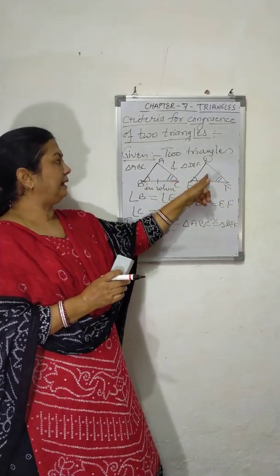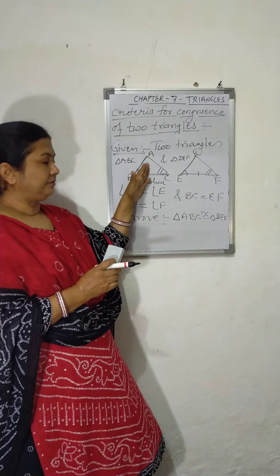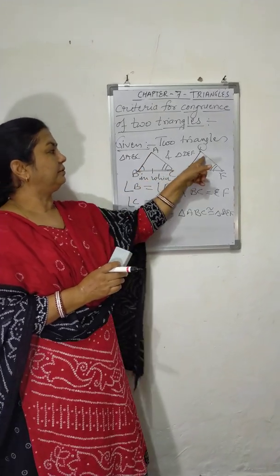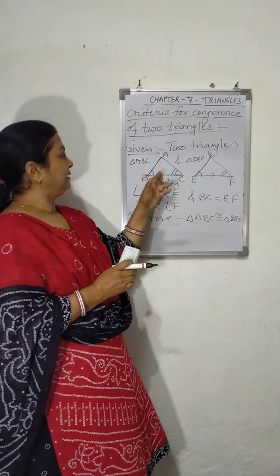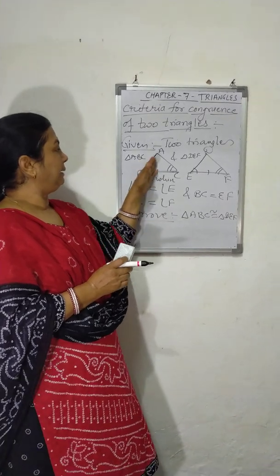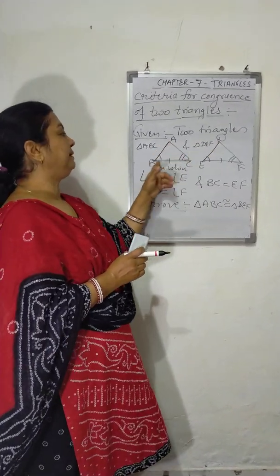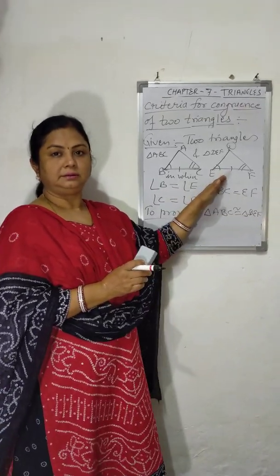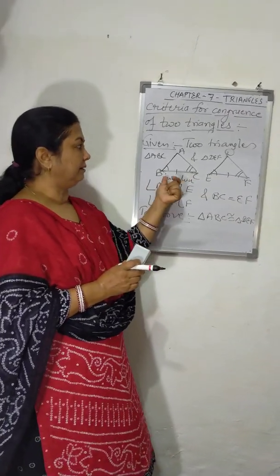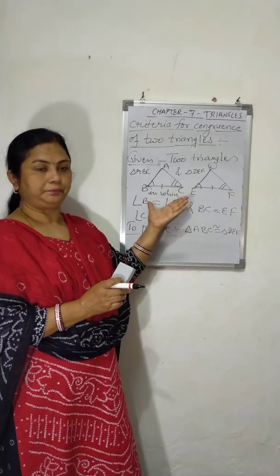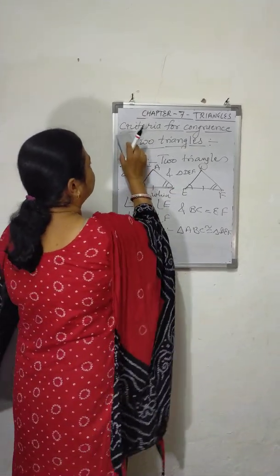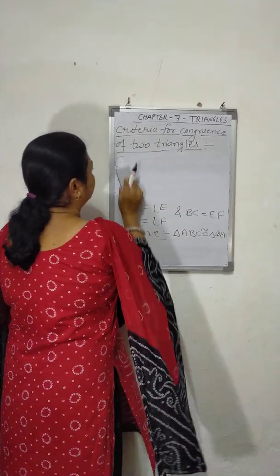First, AB is equal to DE. Second, AB can be greater than DE, and the third, AB can be smaller than DE. These three conditions may occur when two triangles are given. So let us start the proof of this theorem.